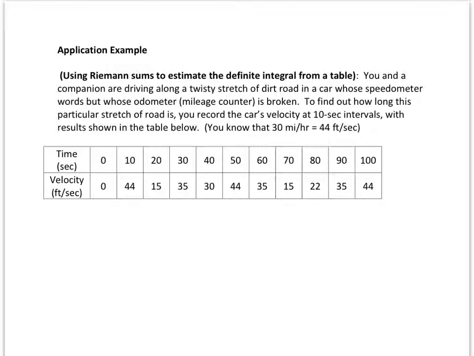This is a velocity time, and so we're being asked to find out how long the stretch of road is. So we're being asked to find distance, essentially. I notice that all the velocities are positive, so I don't need to worry about absolute value, which I normally would with distance. If I were asked to do a left-hand sum with 10-second intervals, then the way my left-hand sum would start is always change in x times the y value.